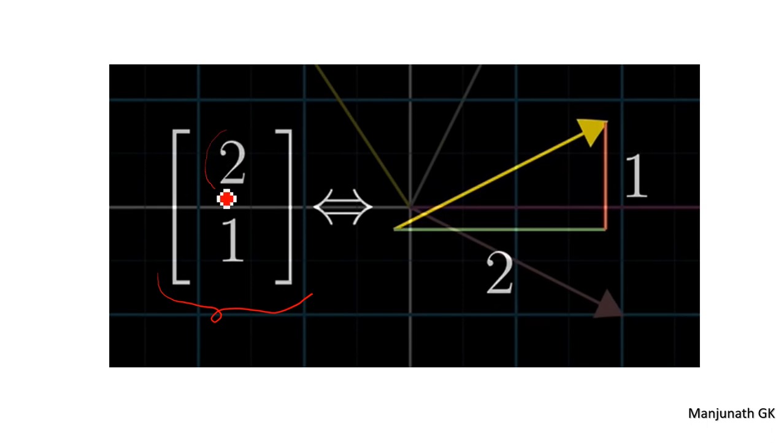The 2 indicates two units along the x-axis. The 1 indicates 1 unit along the y-axis. As a result, this is the vector here. This is the mathematical representation and this is the graphical representation. Both are the same.